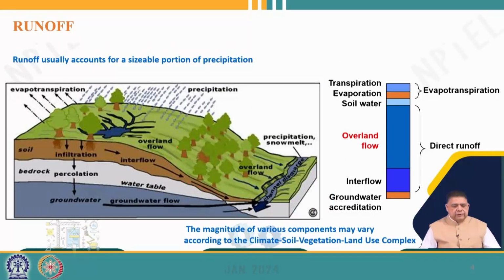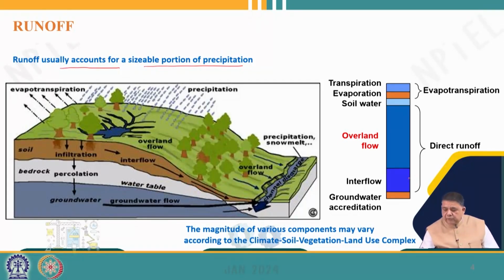And of course, we have also seen that it is a major component of the stream flow. This is the one which is quite visible, and we can see it with our naked eyes, and it usually accounts for a sizable portion of precipitation. If we look at the various processes of the hydrological cycle, the vertical axis tells us the proportion of the various processes.